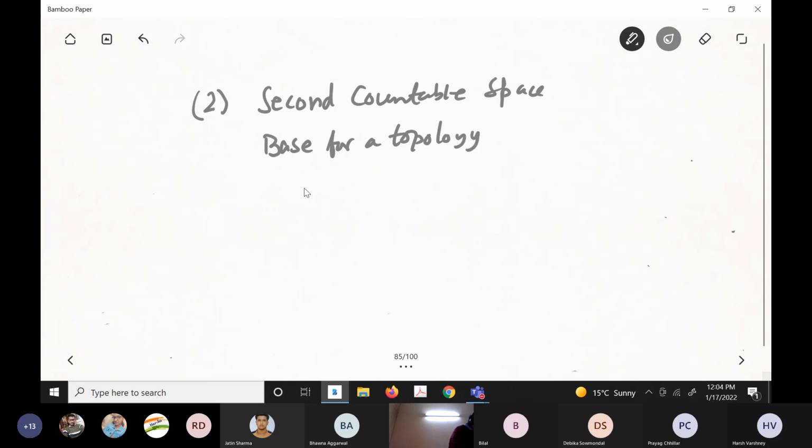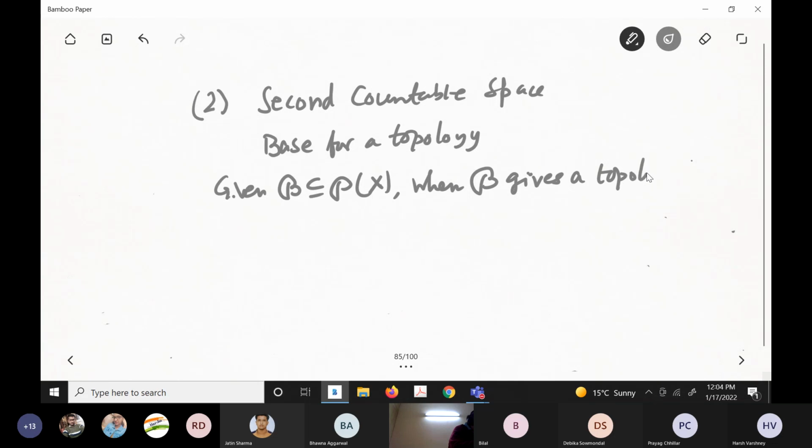And then you will see when it is a necessary and sufficient condition when B gives a topology on X. That means the topology generated by this. Okay. And then you'll do second countable space.